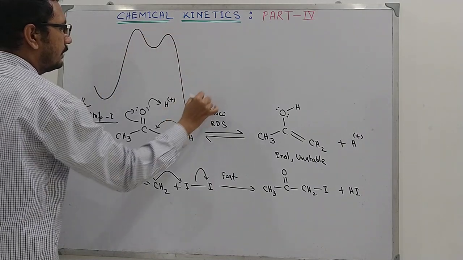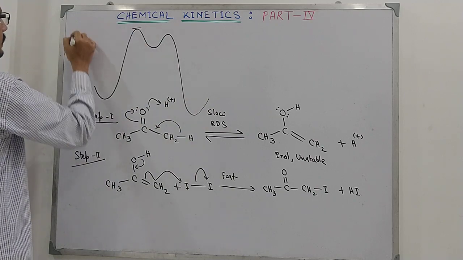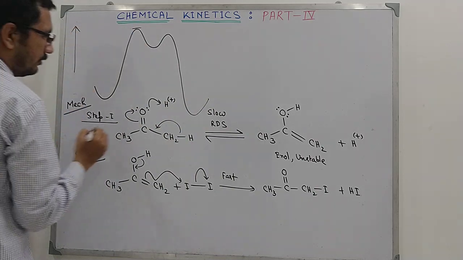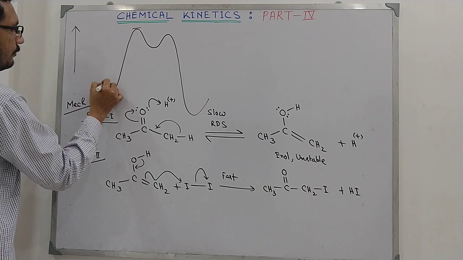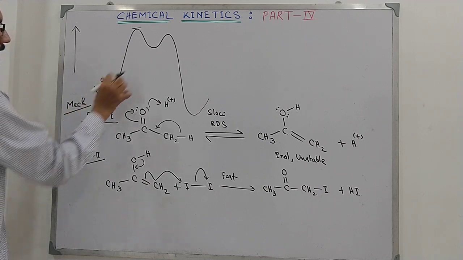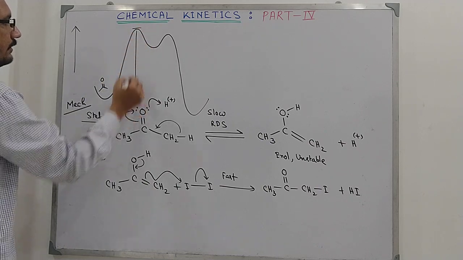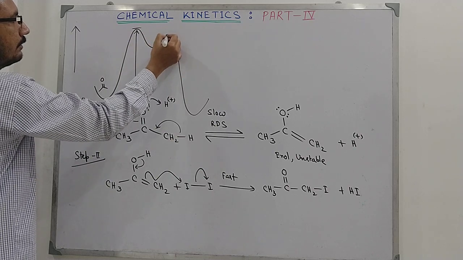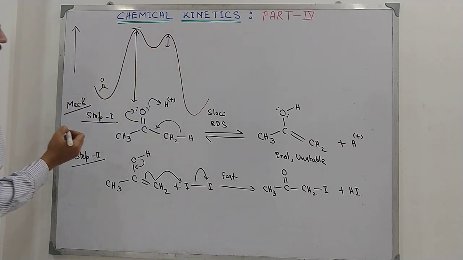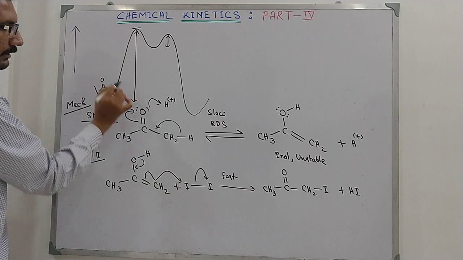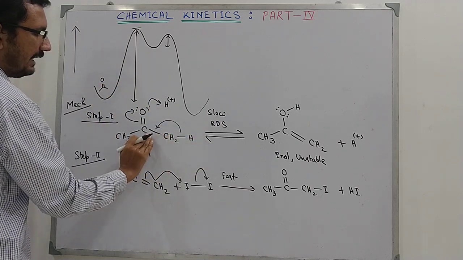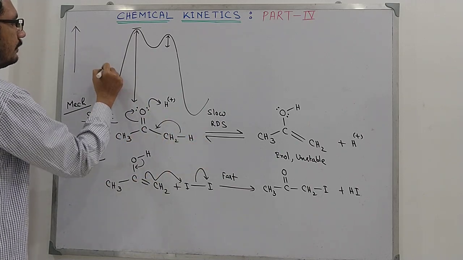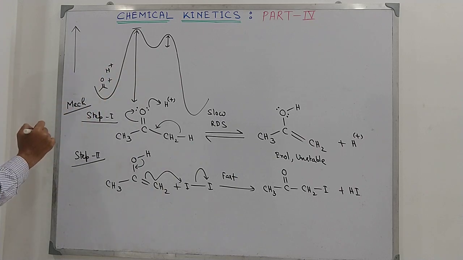this will look like this one. This is the energy axis. So here we start with acetone. Now you see this is the large barrier and this is a small barrier. In this large barrier, that is the slow step, only acetone and H plus are appearing.